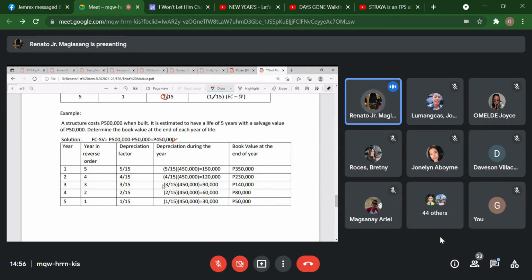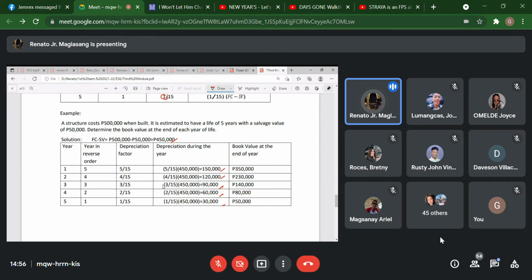So we have here the depreciation factor, then you just multiply it. 5 over 15 times 450,000. So the depreciation in the first year is 150,000, then 120, 90, 60, 30. That is 4 over 15 times 450,000, 3 over 15 times 450,000, 2 over 15 times 450,000.